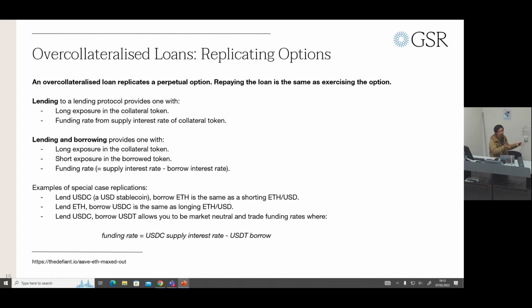As a lender, let's say you have some extra ETH in your wallet, you might want to lend some Ether to the protocol. Now that you know you're protected in the lending protocol, you can still keep your exposure to that token whilst also earning an additional interest rate, an additional income from that. That's something someone might do.